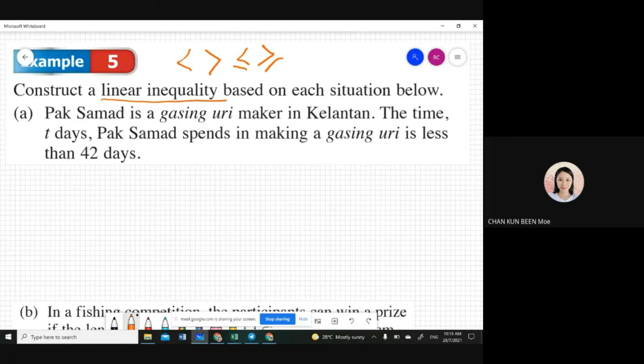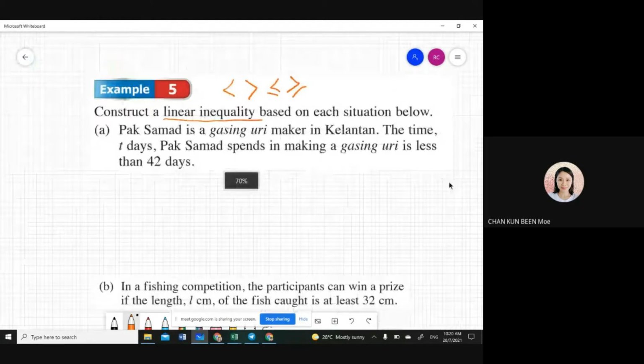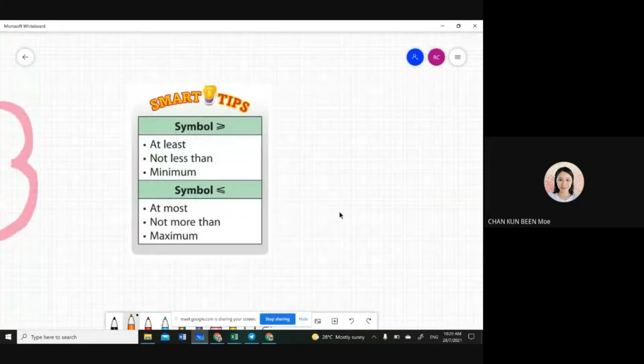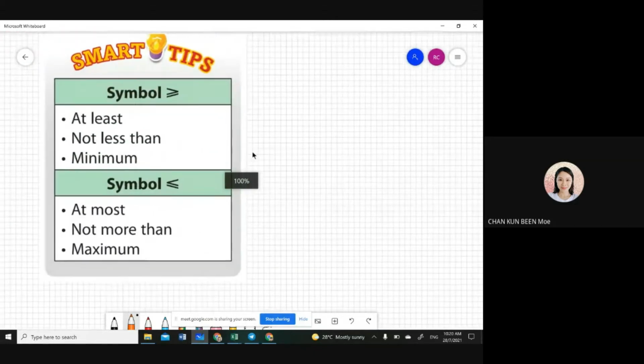Before we choose the correct answer, you will need to know the symbol used for each of them. For example, greater than and less than, this one is simple, you already know. But there are certain words that you need to remember. This is a smart tip from your book. When you see the words at least, we use greater than or equal to.